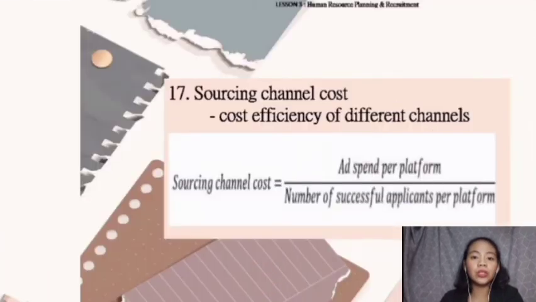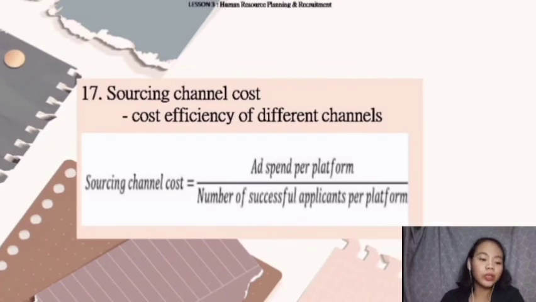Number 17, sourcing channel cost. Sourcing channel cost is the cost efficiency of different channels, and the formula is sourcing channel cost equals ad spend per platform divided by number of successful applicants per platform.